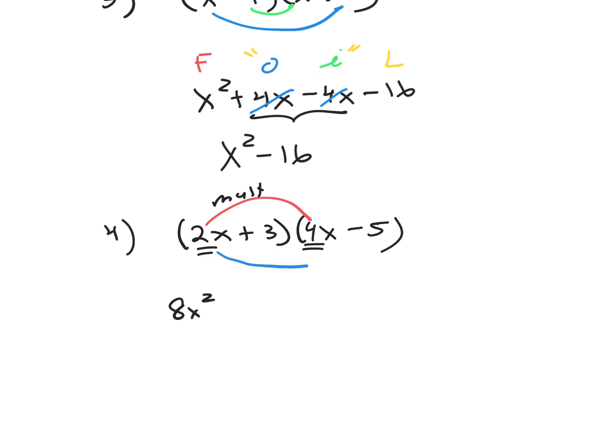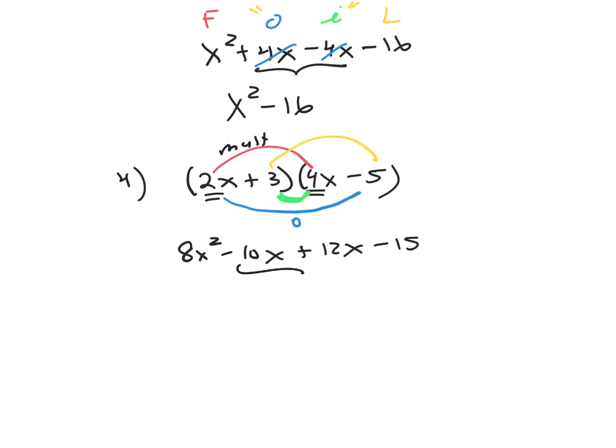And then what happens when you multiply the outside ones together? 2x times negative 5 is a negative 10x. And then when you multiply positive 3 times 4x gives you positive 12x. And then when you multiply the last ones, you get a negative 15.